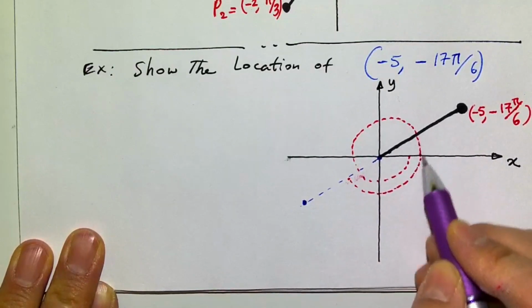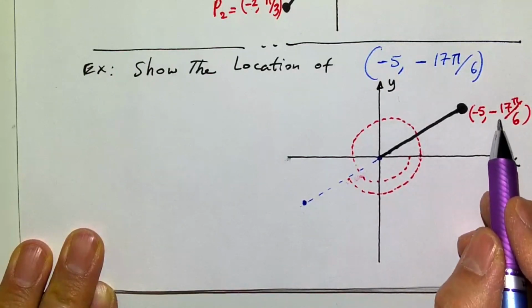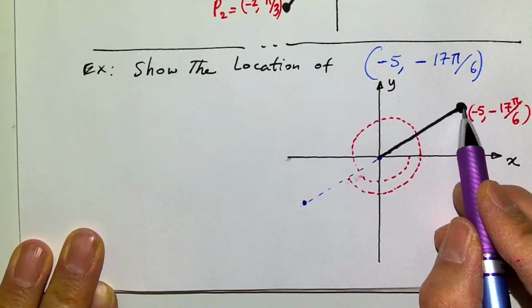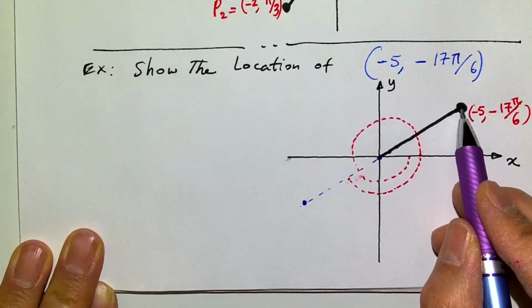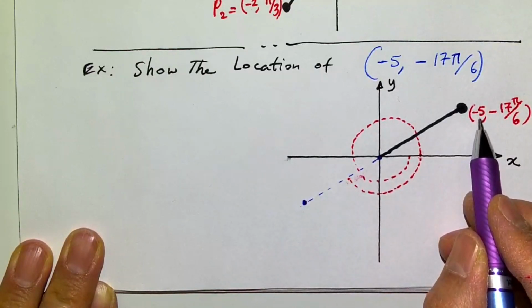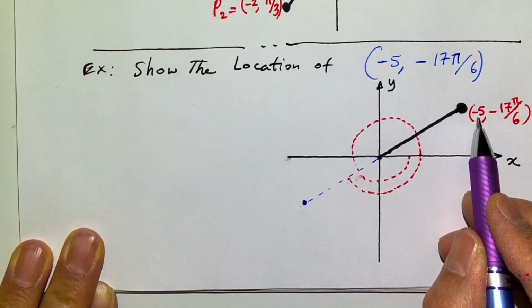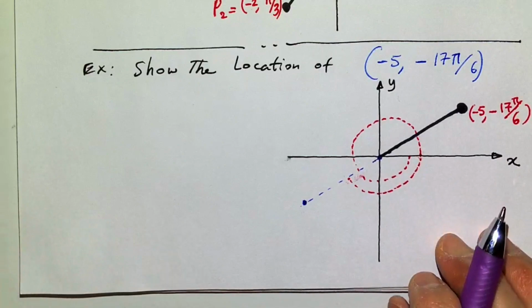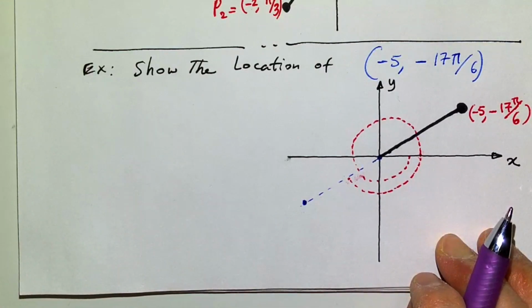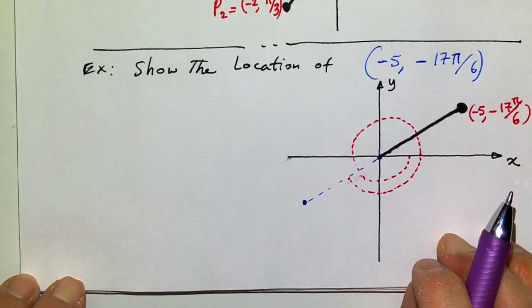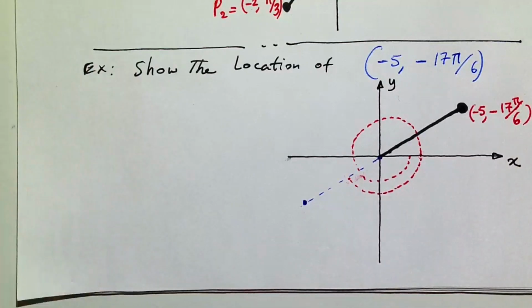That is just π/6. But the angle is -17π/6. However, this is the actual location because it's directly opposite to where it would have been if we had r equal to positive 5. Okay, so that's the actual location of this point. All right, so that's that.